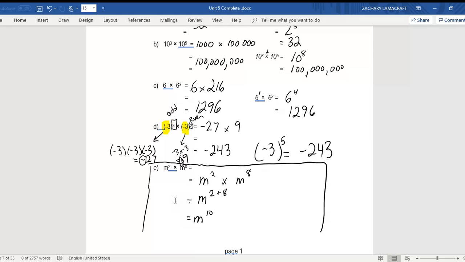Okay, so we use that rule when multiplying. Make sure when we're multiplying powers with the same base, all we do is add the exponents. Okay, so that's 5.3. Pretty short, simple lesson there.